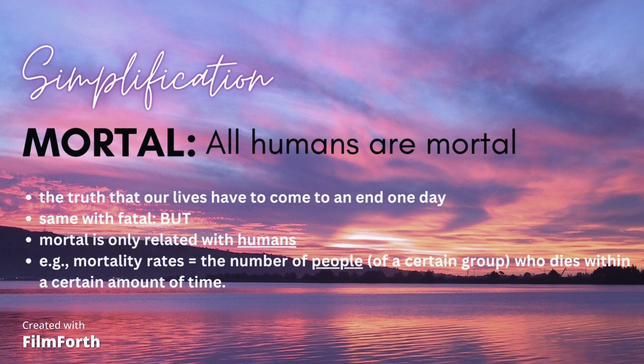Also in the example right here, you will see mortality rates. Mortality rates is used for humans, people. For example, the number of people of a certain group in a certain region who die within a certain amount of time. When you collect data, you have mortality rates. That is only based on humans, not animals.